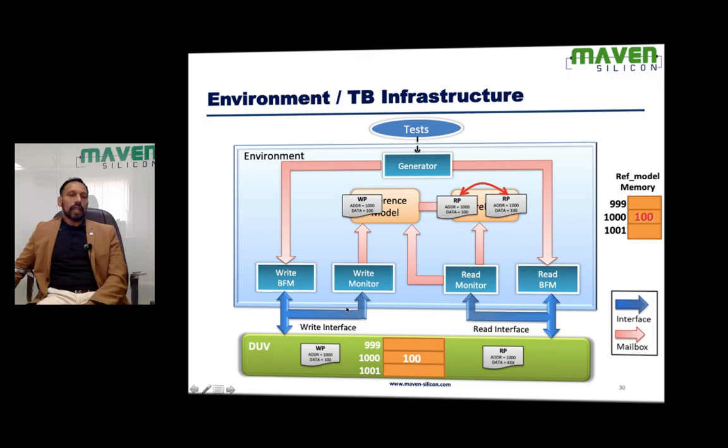Here the challenge is we need to monitor the DUV interface. For example, whatever the packet that's generated by the generator, it might not reach DUV. We might not send all the packets to DUV. Sometimes we might drop some of the packets in the driver. Let's say the generator generates 10 packets. The driver gets all 10 packets.